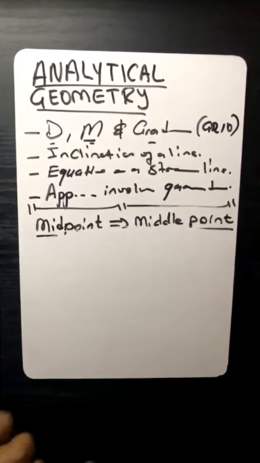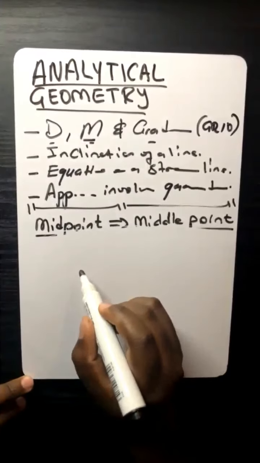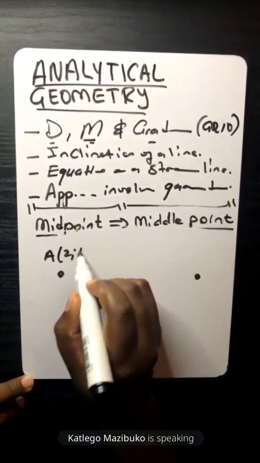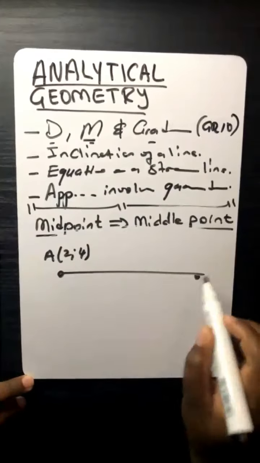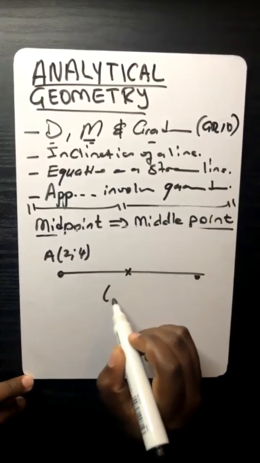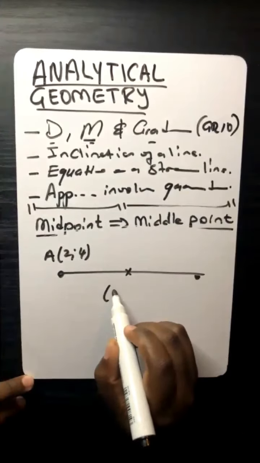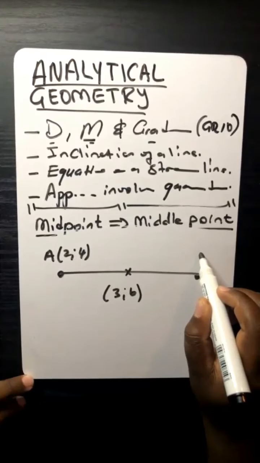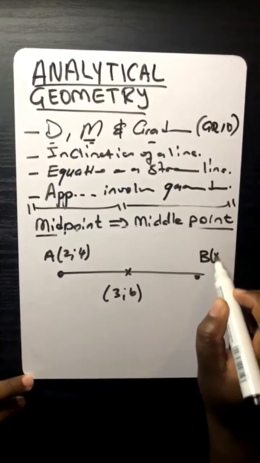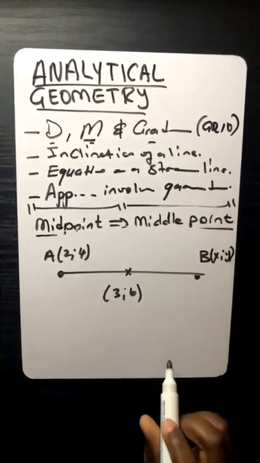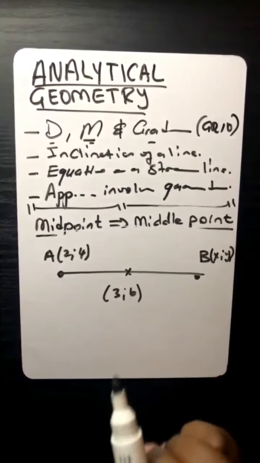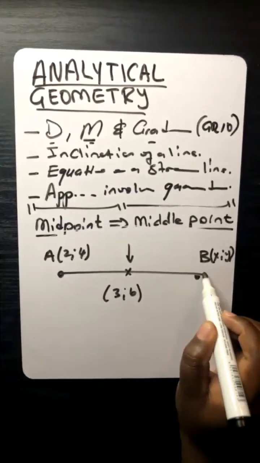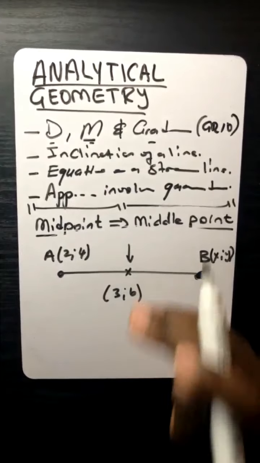Just in case you are given the midpoint, so you've got a point there and a point there, you've got point A, this is 2 and 4, then they give you a midpoint, as an example, guys, let's say is 3 and 6, then they don't give you point B, they just say it's X and Y. That means because in the statement they mentioned midpoint, you can only use the midpoint formula to perform calculations.